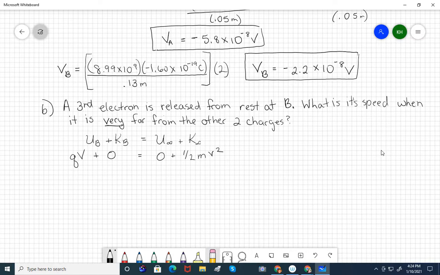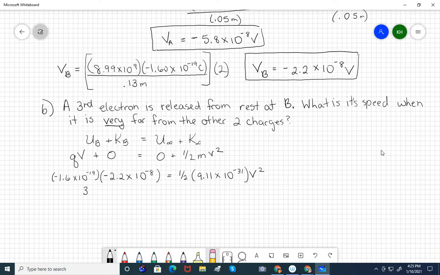So, how much potential energy does it have? Negative 1.6 times 10 to the negative 19th times negative, let's see, we're at point B, negative 2.2 times 10 to the negative 8 volts. That means joules per coulomb. Equals 1/2. Again, it's an electron, so 9.11 times 10 to the negative 31 V squared.